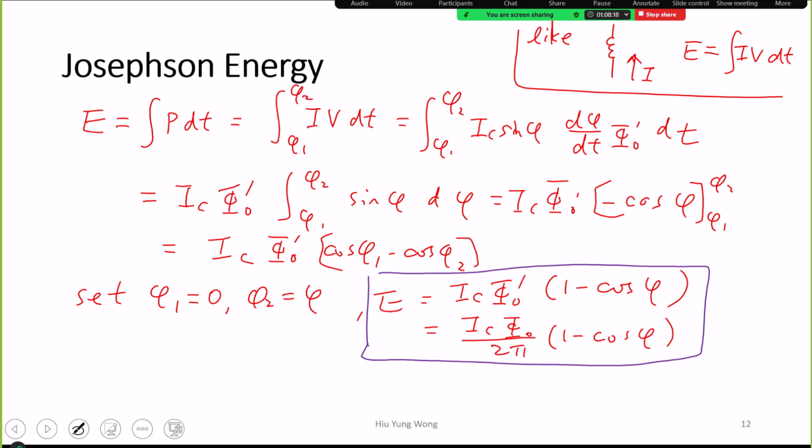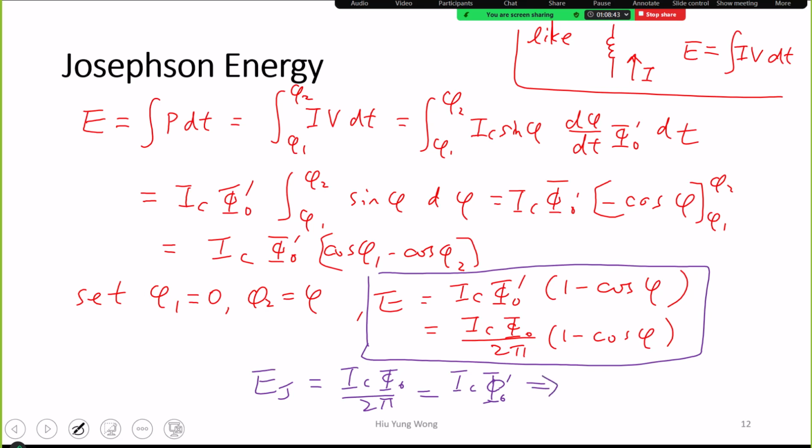The energy stored in this system is Ej, the Josephson energy, which equals IC phi naught divided by 2 pi, or IC phi naught dash. The current times the flux gives you the energy.